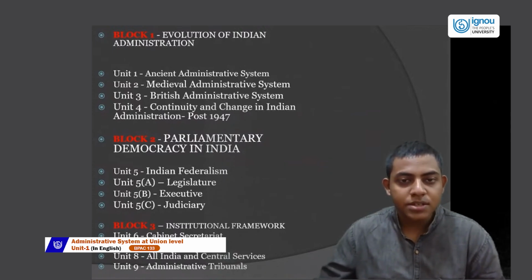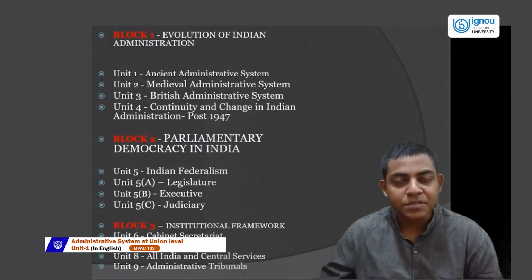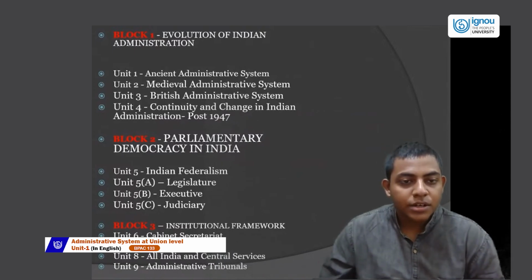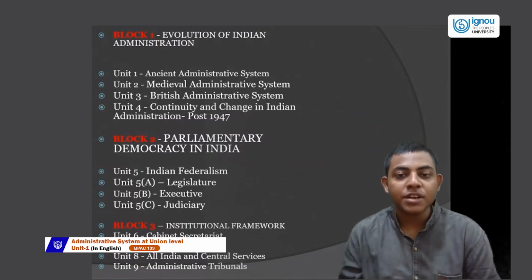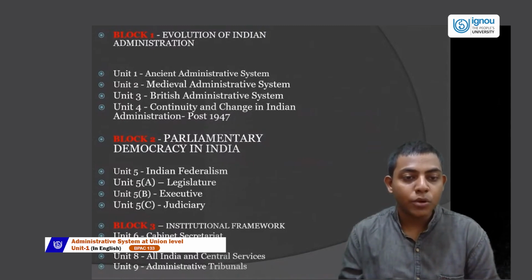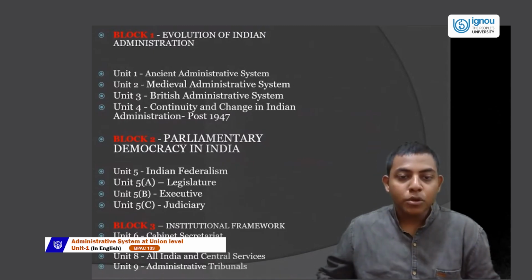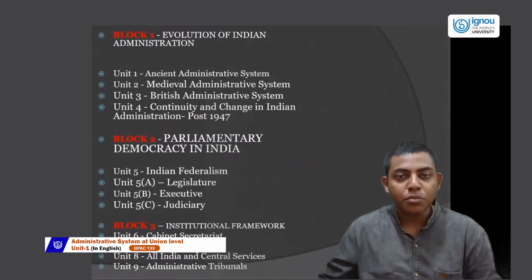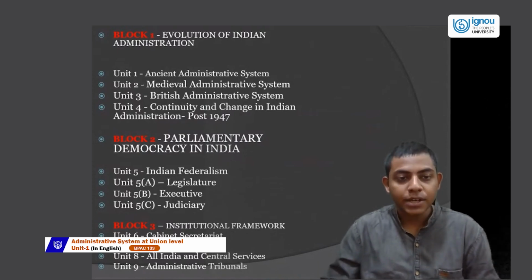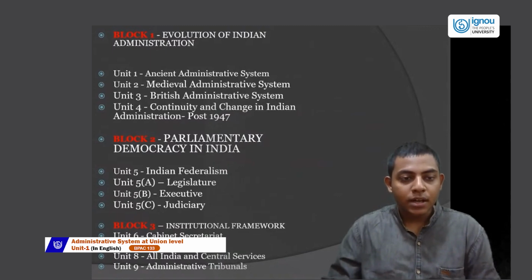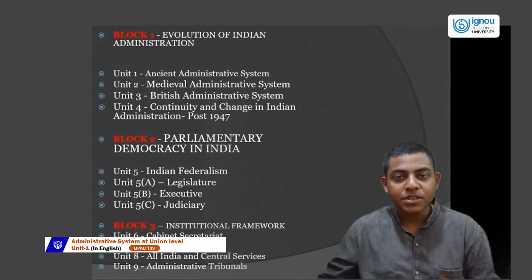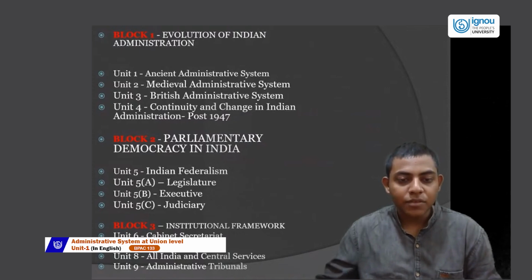The second unit is the medieval administrative system, and the third unit is the British administrative system. Finally, we'll be doing continuity and change in Indian administration post 1947, which means post independence of India.